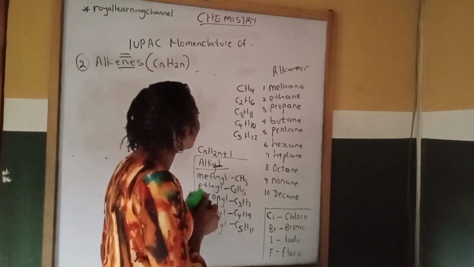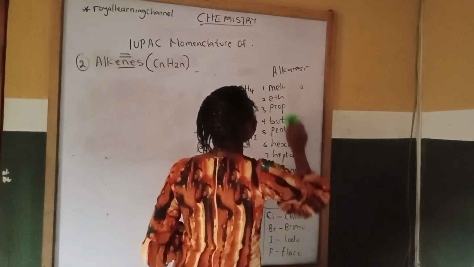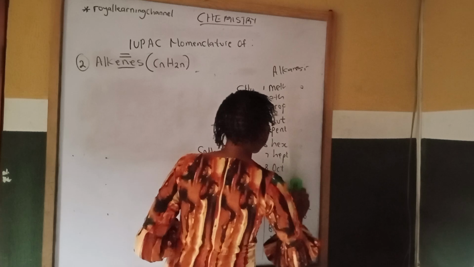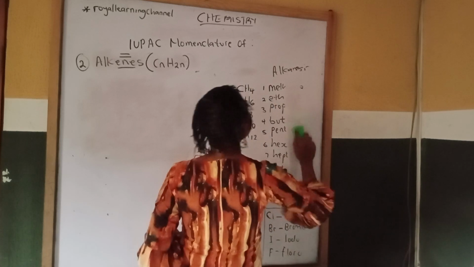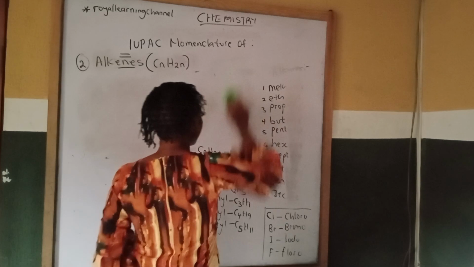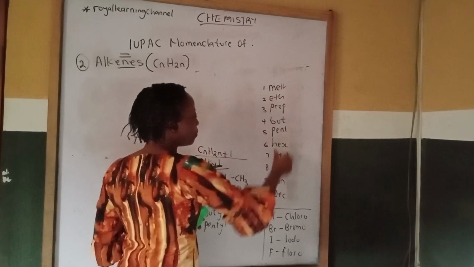They start with prefix met, eth, prop, but, pent, hex, hept, oct, non, and dec. Members of alkene also start with the following prefix.